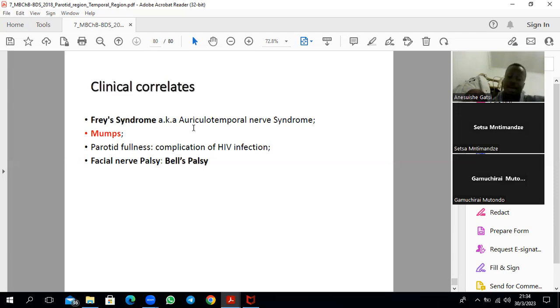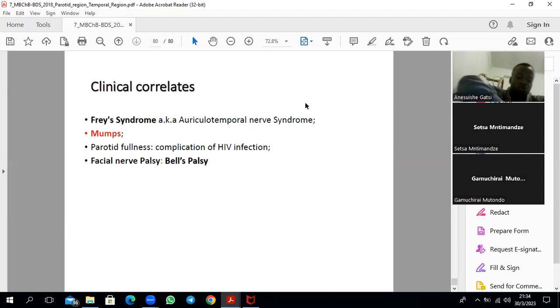So except the skin that overlies the parotid. The skin that overlies the parotid is innervated by a nerve known as the greater auricular nerve, which carries C2 and C3 fibers from the neck, particularly the cervical plexus.